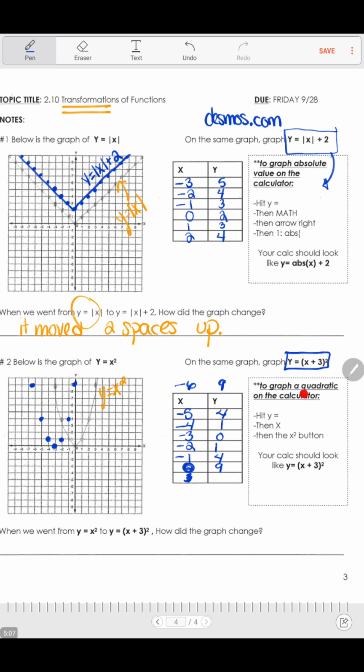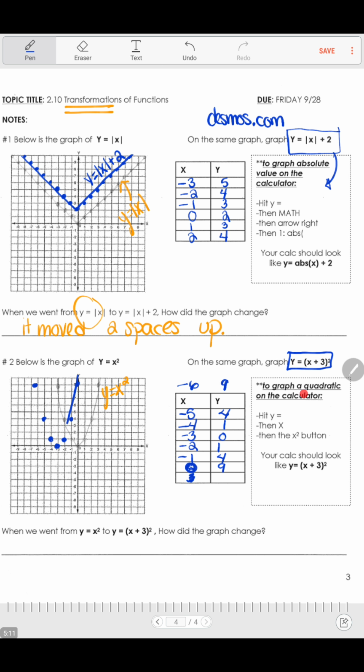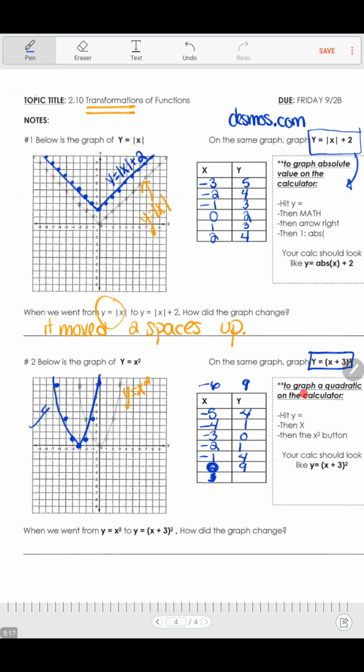This is supposed to say 0. Making all sorts of mistakes right now. Sorry about that. Okay, and this new one is y equals x plus 3 squared.